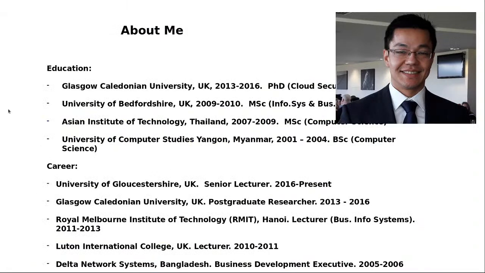So first of all, a little bit about myself. My name is Thomas, and I'm a researcher in cybersecurity and big data at the University of Gloucestershire. I did my PhD in cloud and big data security at the Glasgow Caledonian University from 2013 till 2016.